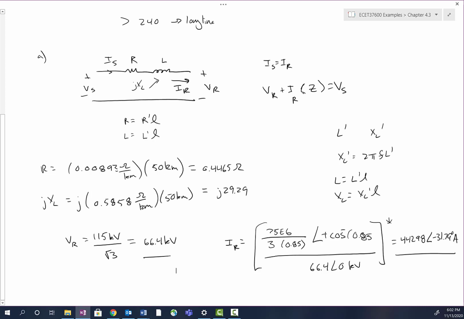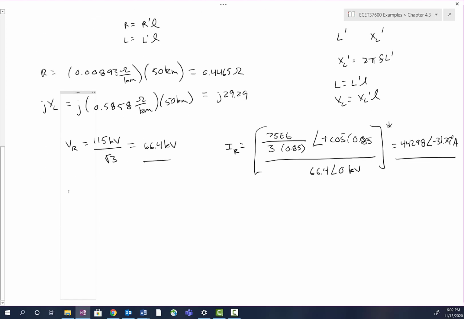So applying this model, the sending end voltage is just the receiving end voltage plus the current times these distributed parameters. So giving myself a little more white space, the sending end voltage is just going to be the receiving end voltage plus IS times the series impedance.